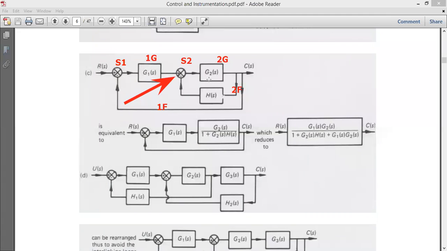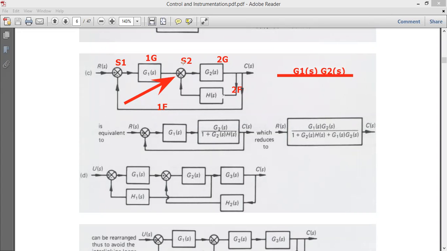So I will just write that equation here. That is G1 of S multiplied by the whole block. Whole block means this G1 will be multiplied in the numerator. So G1 of S multiplied by G2 of S, divided by the denominator.